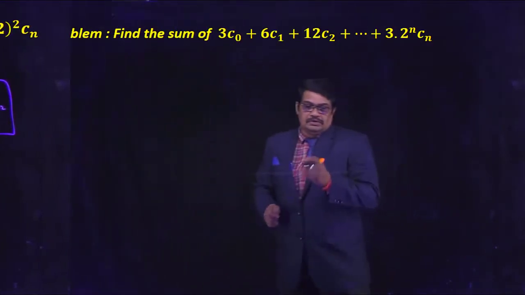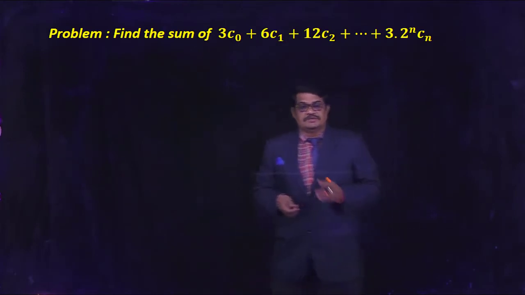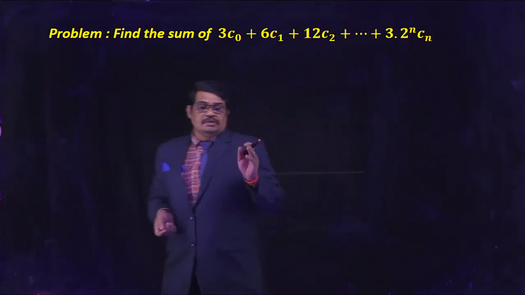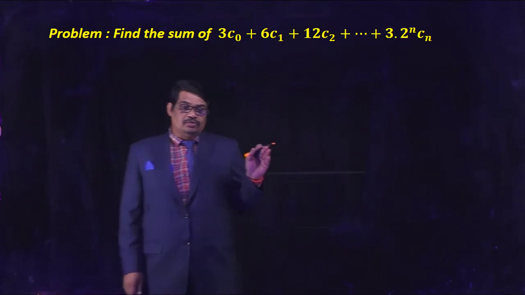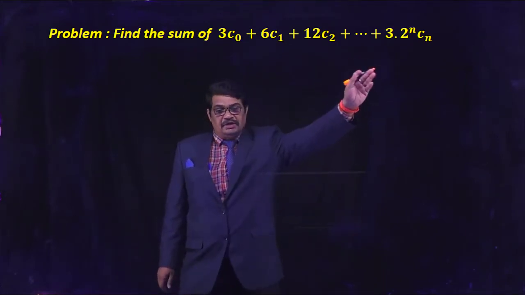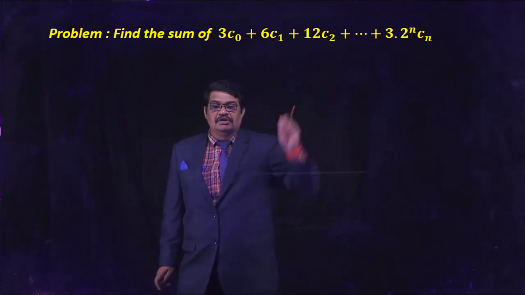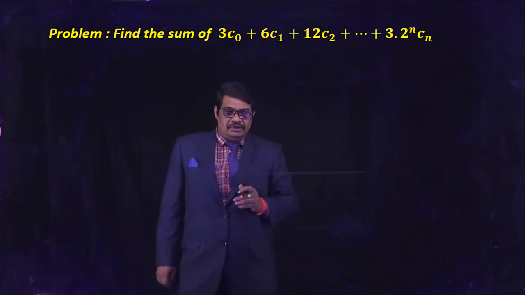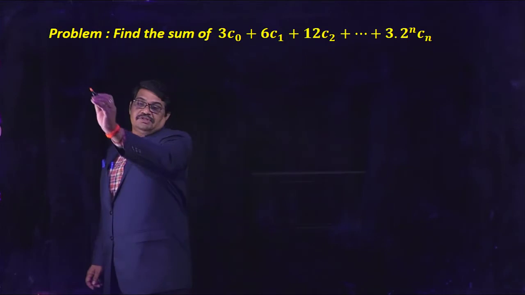See the problem. Find the sum of 3c0 plus 6c1 plus 12c2 and so on, up to 3 into 2 to the power of n cn. Now I have to find this finite sum of the series. See the solution.